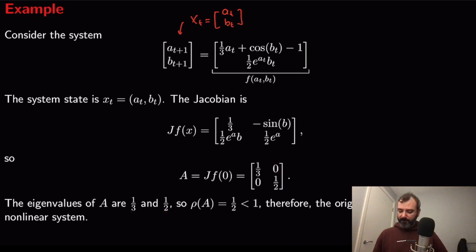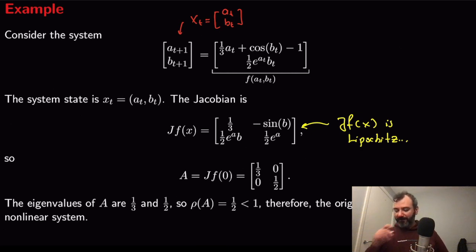There is just something little missing from here. We haven't shown really that the Jacobian of f is Lipschitz. We haven't done this part, but we're not doing this now. If you like, you can try this as an exercise, but I will not prove to you that this is Lipschitz.